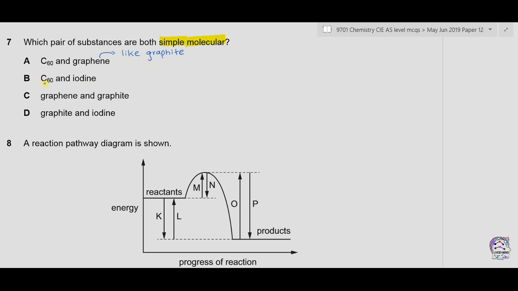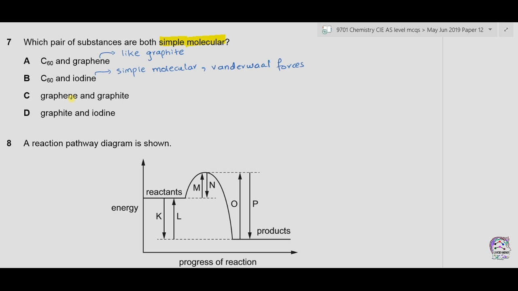In second option we have buckyball and iodine. Now iodine is a simple molecular substance. And there are van der Waals forces present between its molecules, so therefore it is in solid form. So B could be the possible answer.